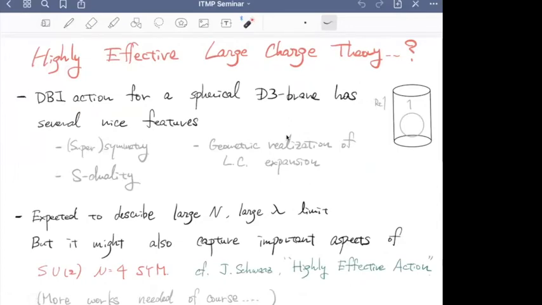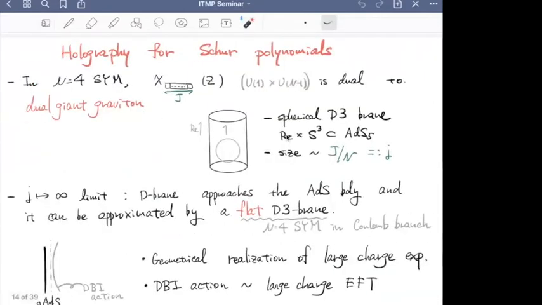Okay, let me also say one thing. This D brane picture is of course coming from holography, so it is basically valid for the large N limit.